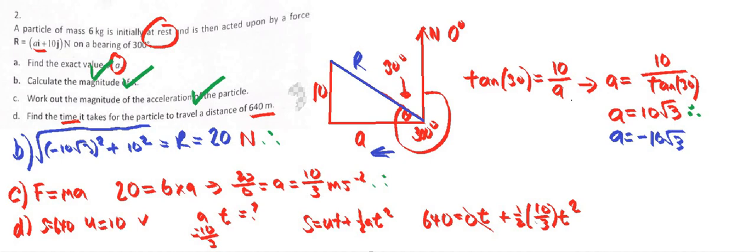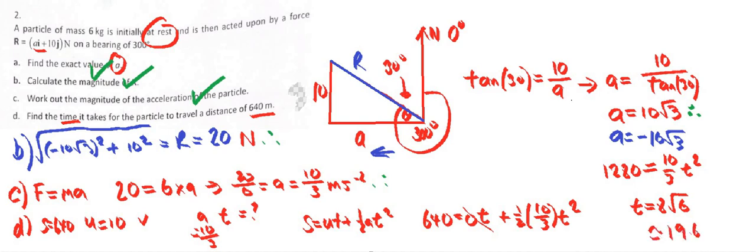We divide by a half. So we've got 1,280 equals 10 over 3 t squared. And we find that t equals 8 times root 6. It was roughly 19.6 seconds.